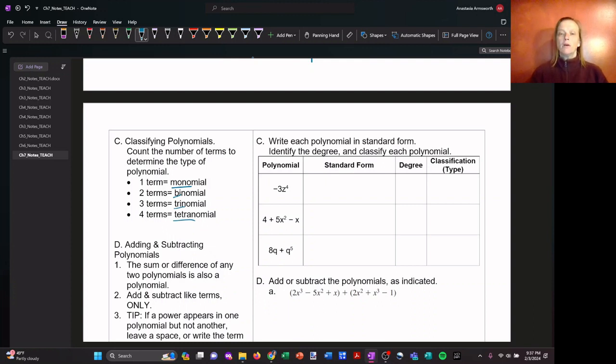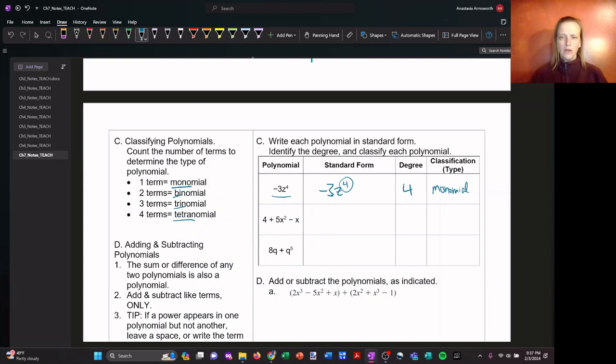The standard form for this polynomial, well, there's only one term in this polynomial, so it's already in standard form. There are no changes to make. This is a 4th degree polynomial, and it is, in fact, a monomial because there's only one term.